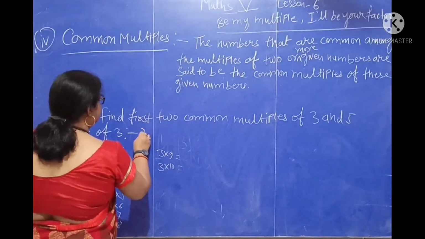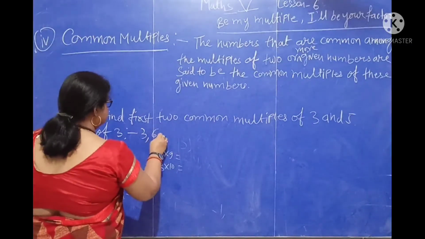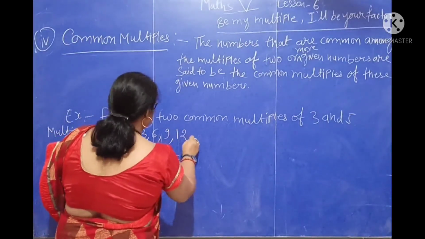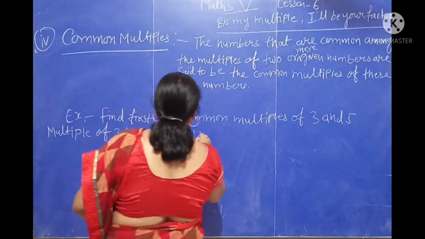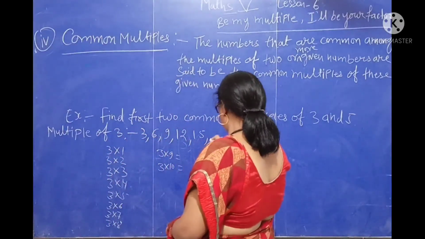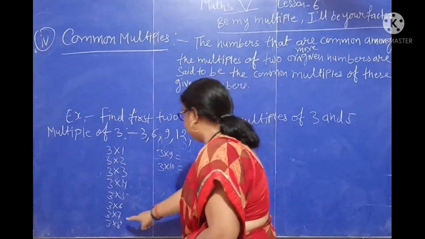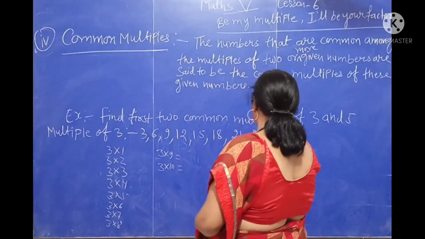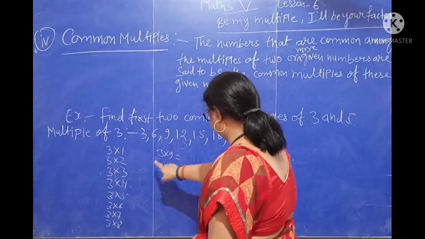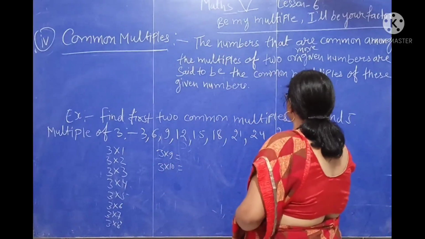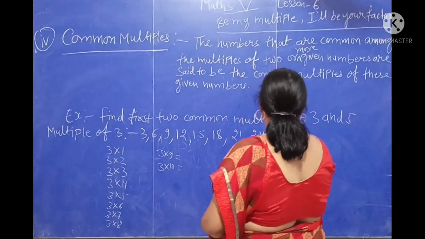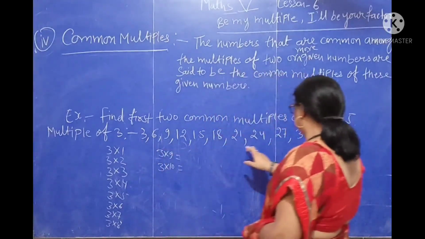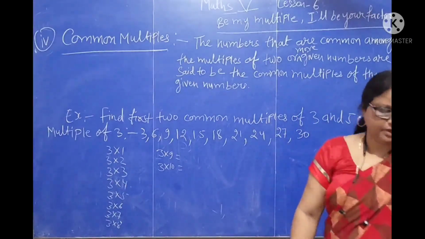So 3 1s are 3, 3 2s are 6, 3 3s are 9, 3 4s are 12, 3 5s are 15, 3 6s are 18, 3 7s are 21, 3 8s are 24, 3 9s are 27, and 3 10s are 30. Here are the multiples of 3 up to 10 times.